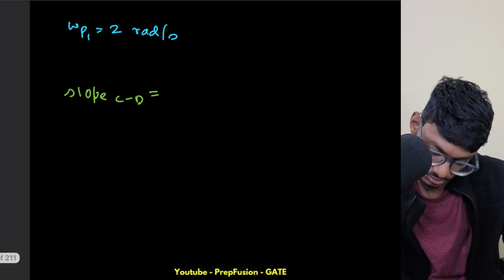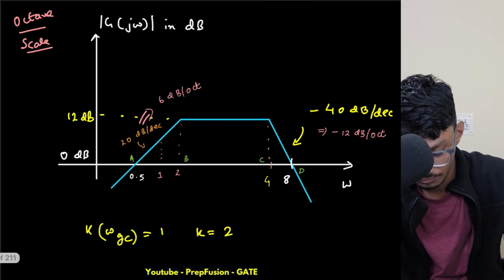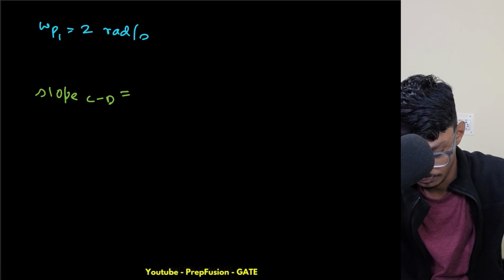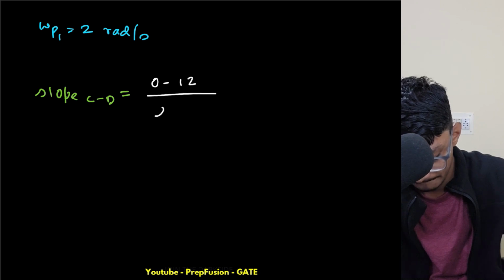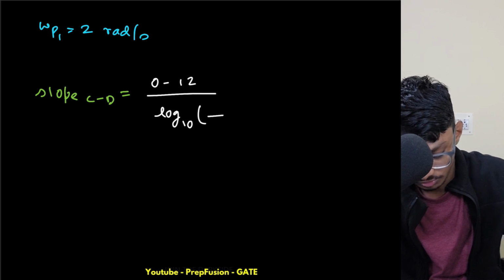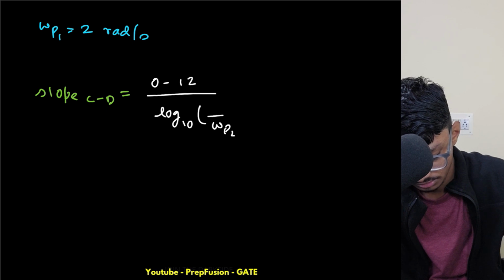So it is ending at 0 dB and starting from 12. So 0 minus 12 divided by log of 10, starting from omega p2 and ending at 8.